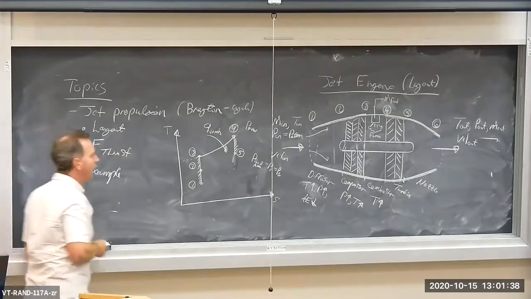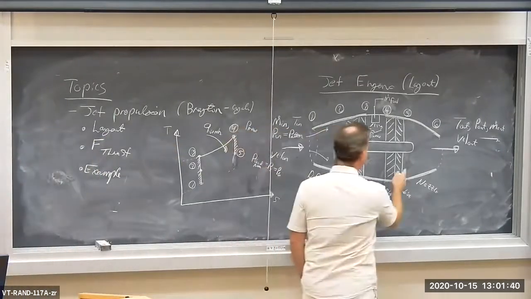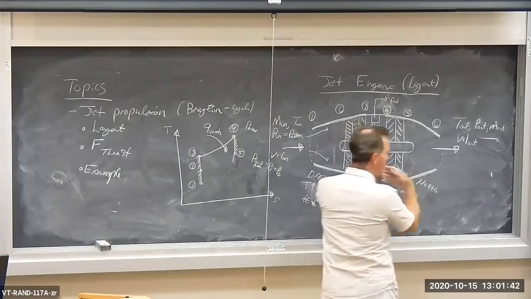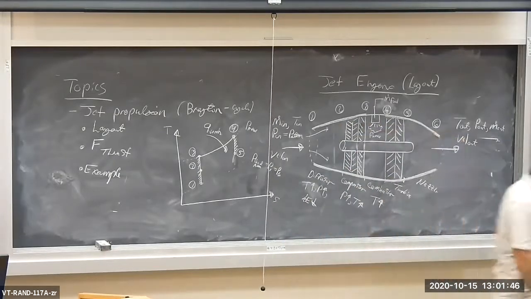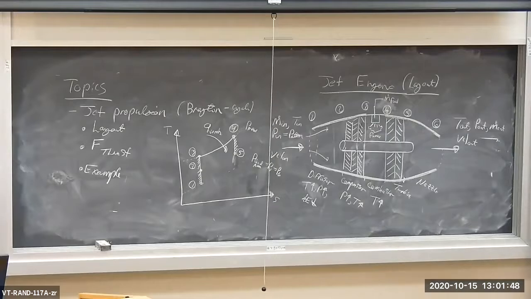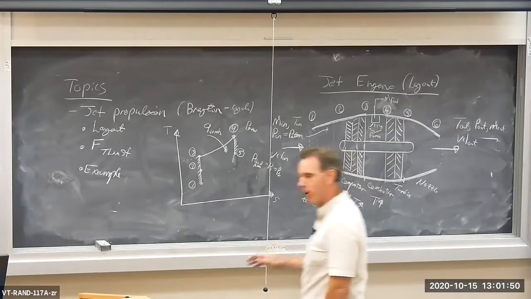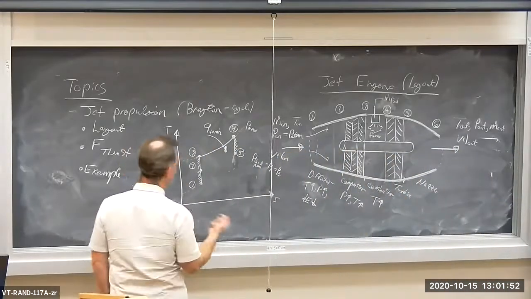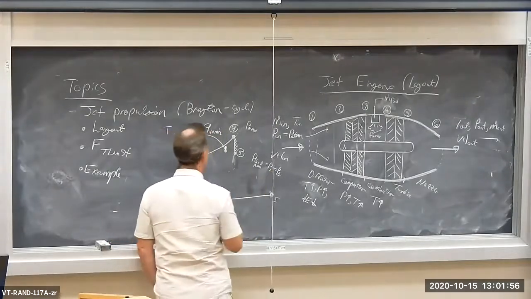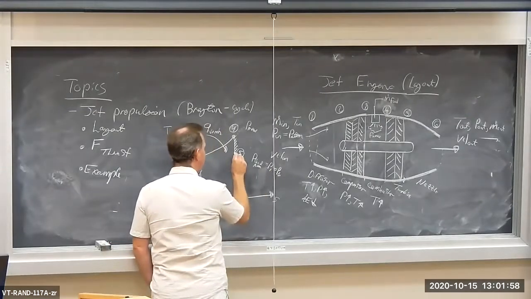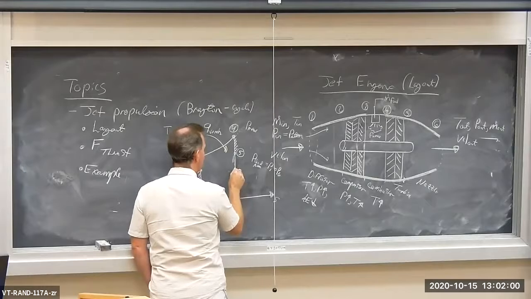Once the airflow leaves the turbine, it then gets accelerated through a nozzle. You can see the flow areas constricting. So we're taking internal energy and pressure work and converting it into kinetic energy, accelerating the flow as it moves out the back.